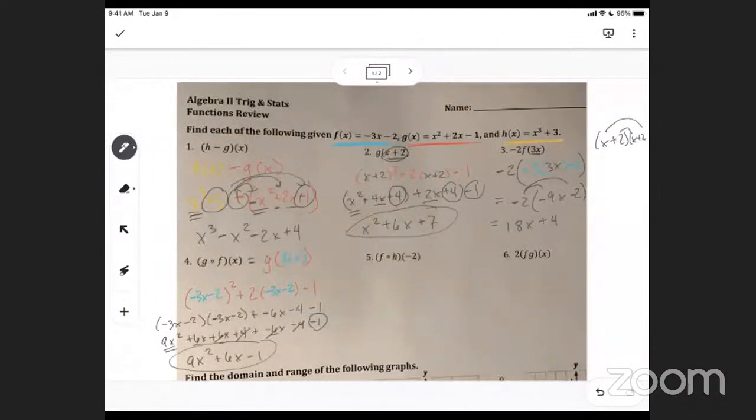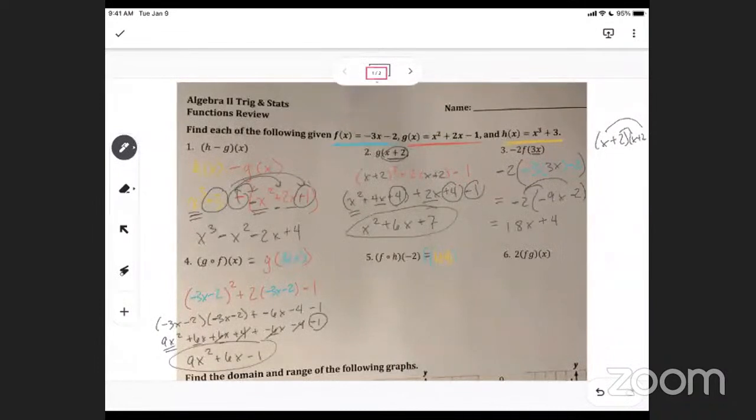Got it? All right, you want to try the next one? Tell me what you're writing. Okay, so for this one, you write F, colors, H. Yellow. H, negative 2.